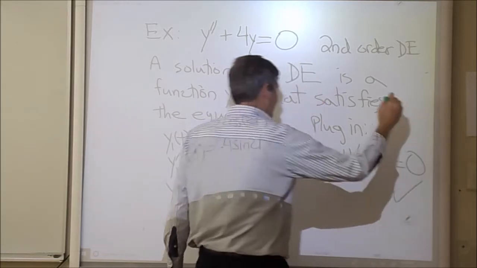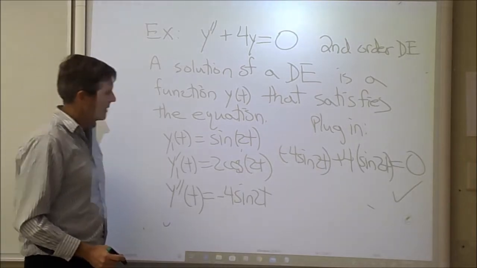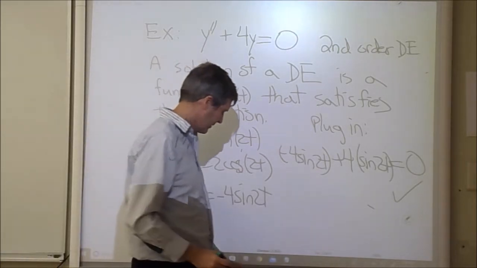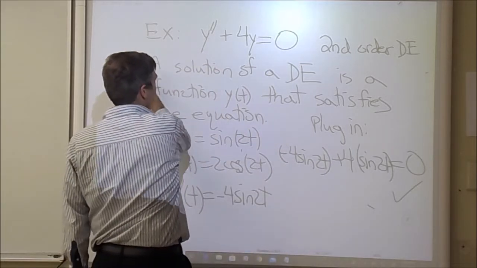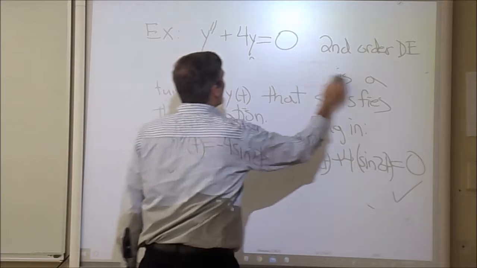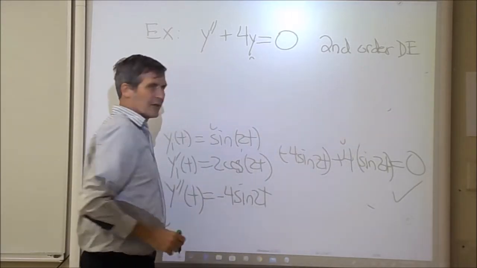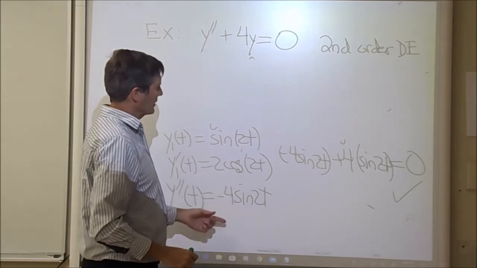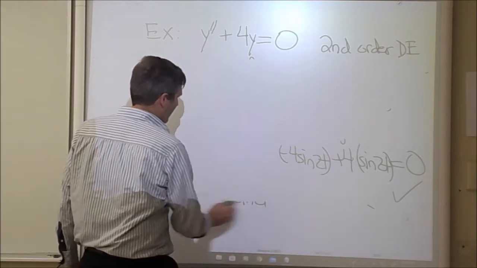Sure enough, it satisfies the equation, so sine 2t is a solution. But it's not the only solution. So some of the problems just say, see if this is a solution, all you have to do is calculate its derivatives and plug in.